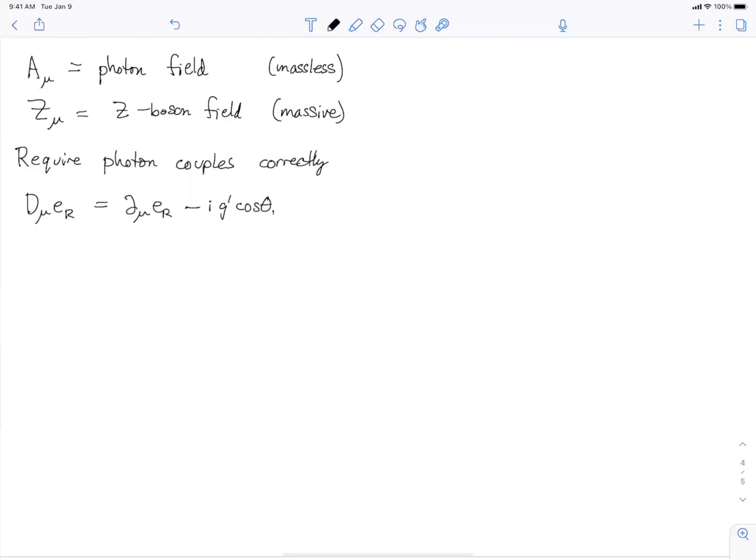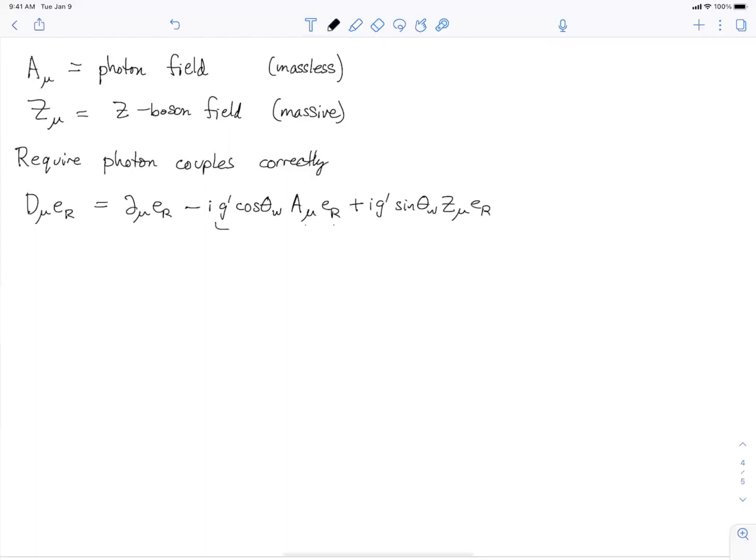Now what I'm doing is I'm writing it in terms of A mu and Z mu instead of B mu and W3 mu. Okay, so when I write it this way, I've written it in terms of the photon coupling to the right-handed electron.